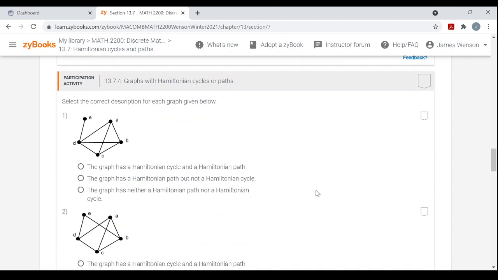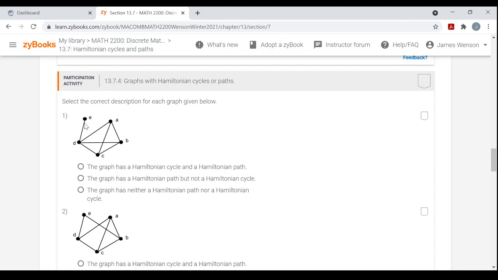All right. So let's take a look at these graphs here and explain why they would or would not have a Hamiltonian cycle or a Hamiltonian path. Okay, so look at this graph here. Now you see vertex E has degree 1. So this graph cannot have a Hamiltonian cycle.